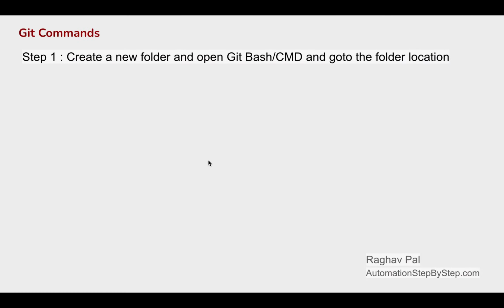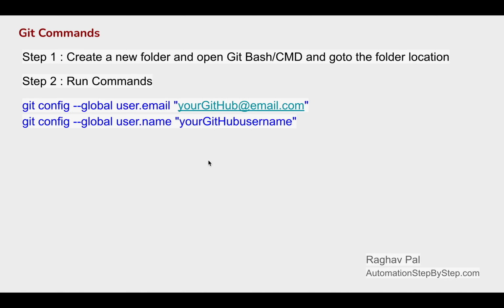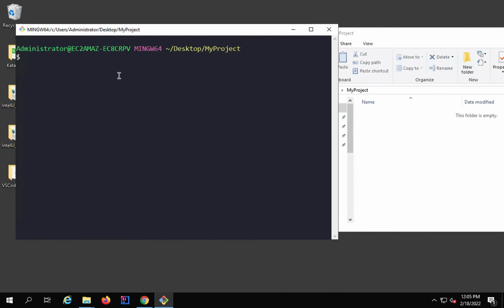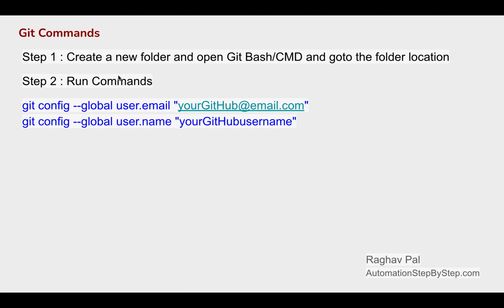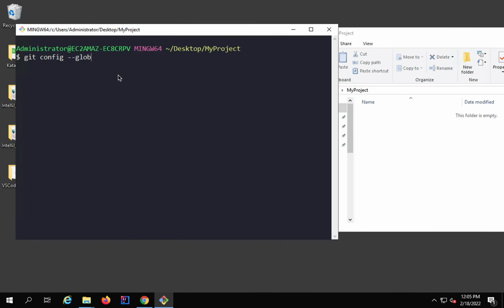Here the first command I will run is git config --global user.email, and give the email that I have used to log into GitHub or sign up on GitHub. So I will say git config --global user.email, and here the email I have used is test.raghav.qa@gmail.com.